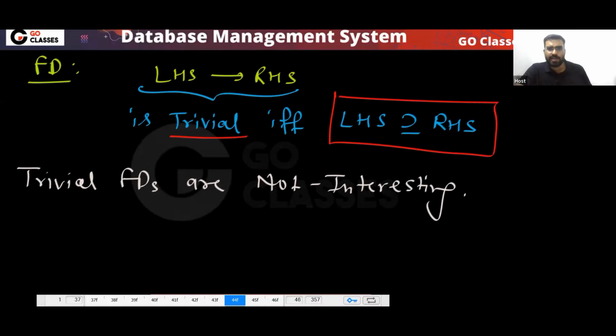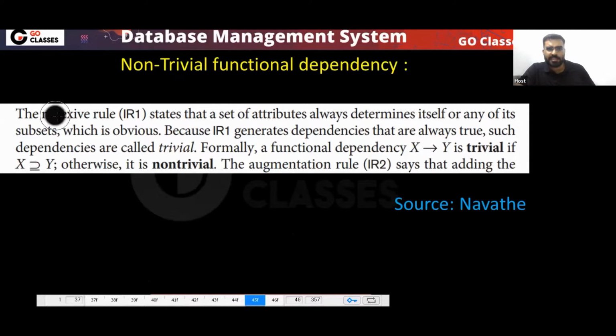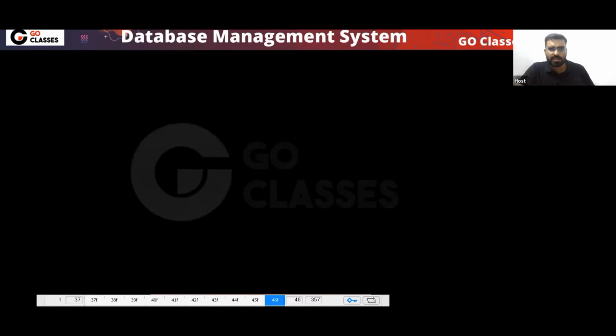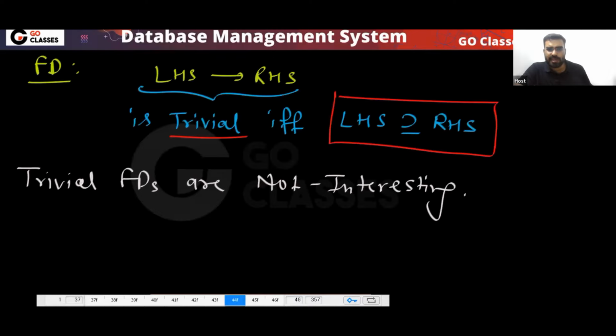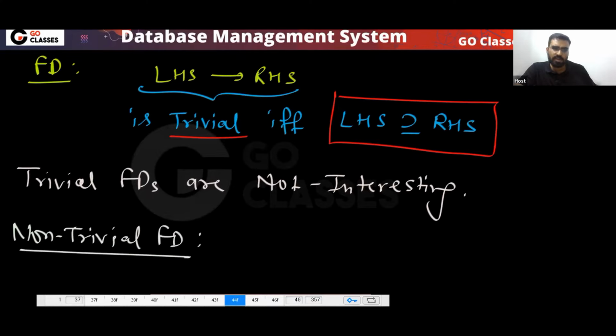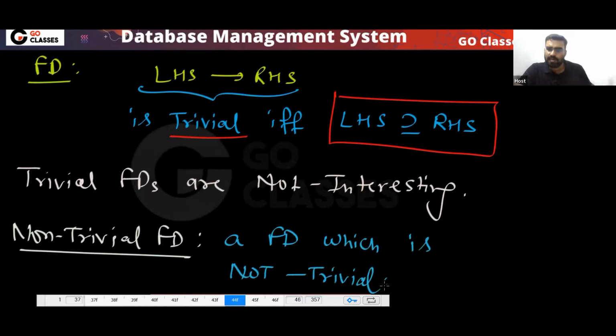Now let's see what is non-trivial. What is a non-trivial functional dependency? If some functional dependency is not trivial, then it is non-trivial. A functional dependency which is not trivial is a non-trivial one.